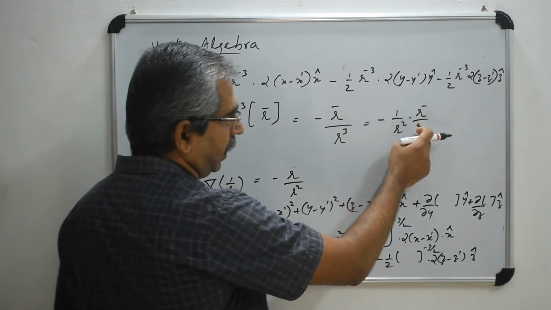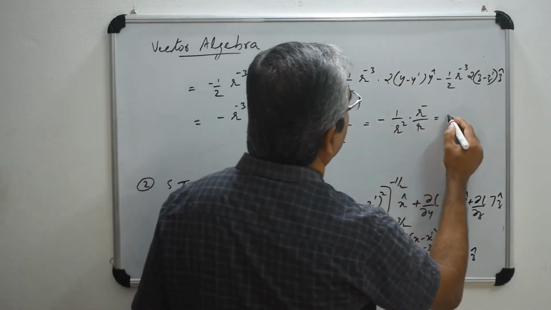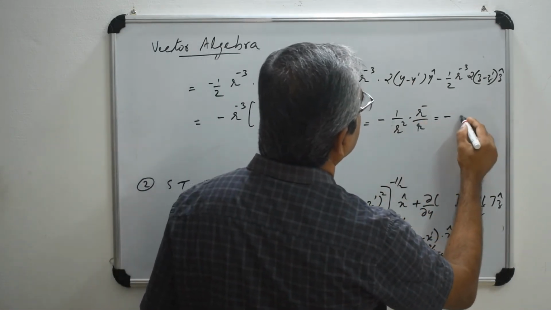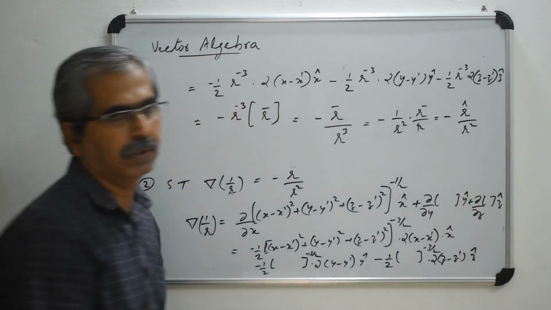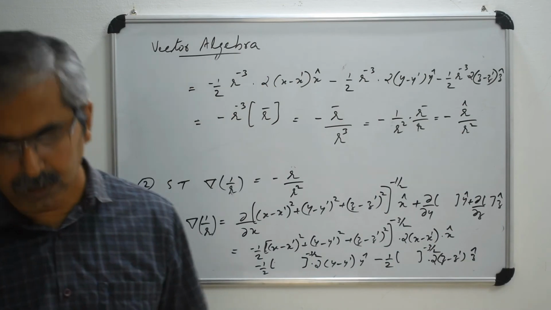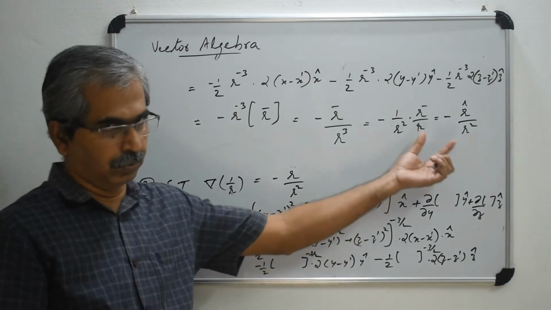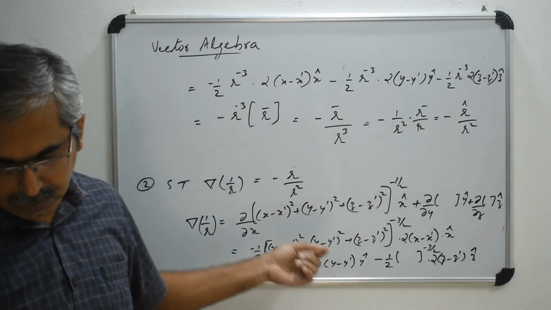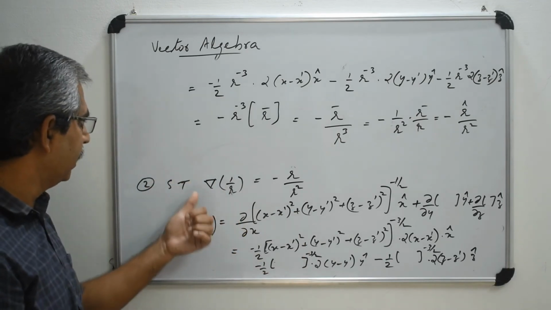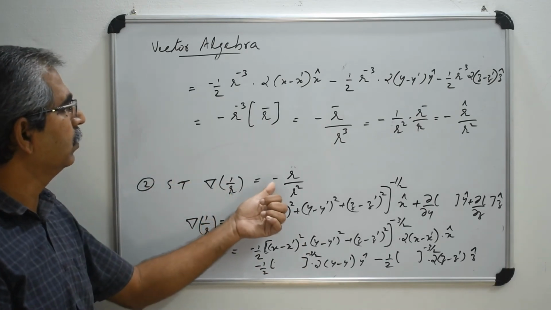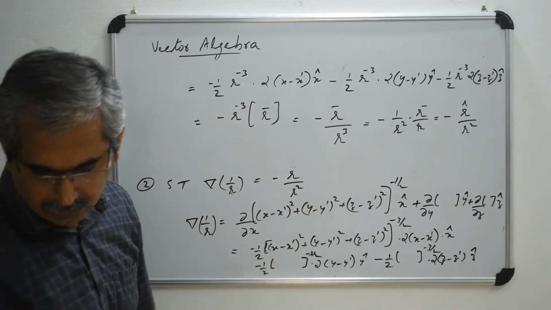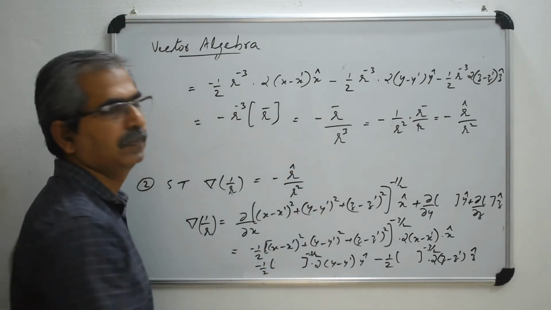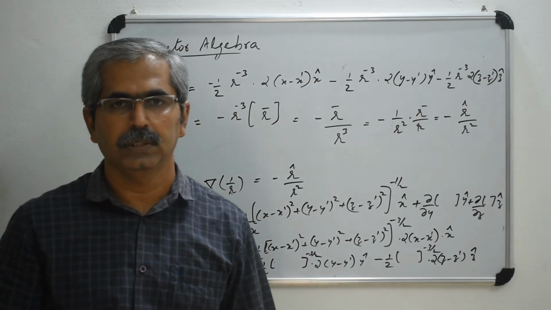And what is r bar by r? That is equal to r cap. So this is equal to r cap by r square. Okay. So r cap by r square, that is what we have to prove. Starting with the gradient of del of 1 by r. Del of 1 by r equal to minus r cap by r square. Okay. So that is the second question.